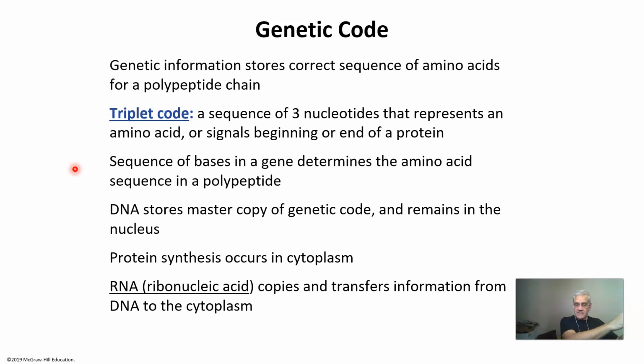So they have to be in the right sequence in the DNA in order to make the protein in the right amino acid sequence. Understand how that works? The sequence of bases in a gene determines the amino acid sequence in the polypeptide.